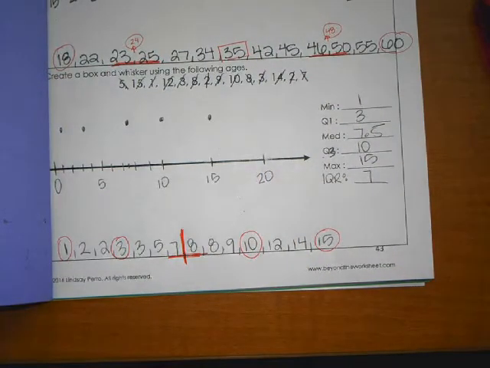Do we graph or plot the point of the interquartile range? No. So once you are done plotting your 5 points, you can grab whatever you used for a straight edge and draw your box and your whiskers.